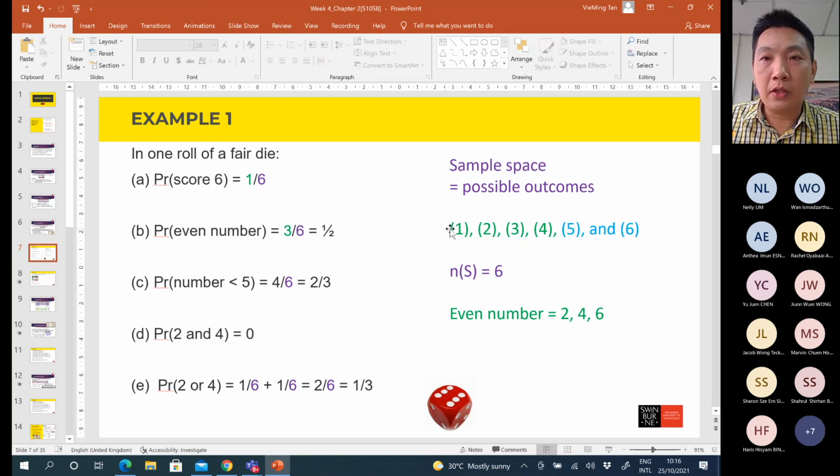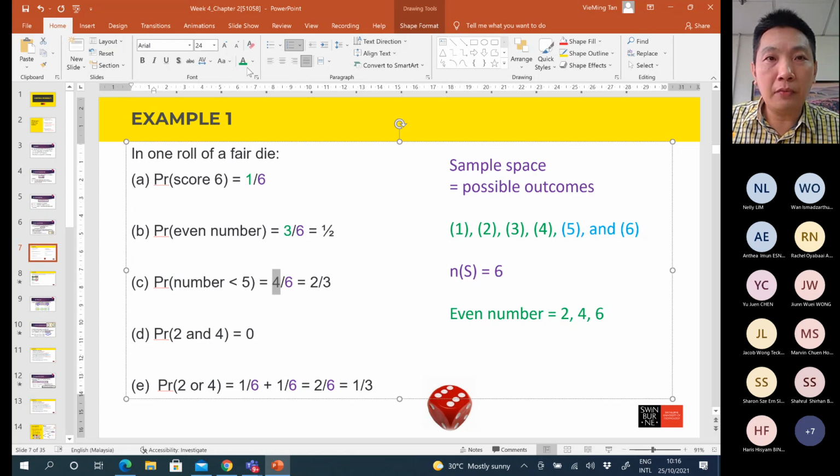So as a result, for this question, the numerator is 4. Numerator means the upper part is 4. How about the denominator? Because this is a dice question, consisting of only one die, and one die consists of 6 faces, the denominator is always equal to 6. Then you can simplify this fraction.